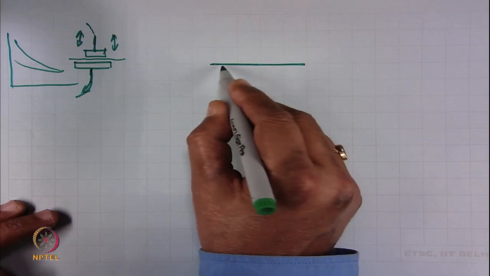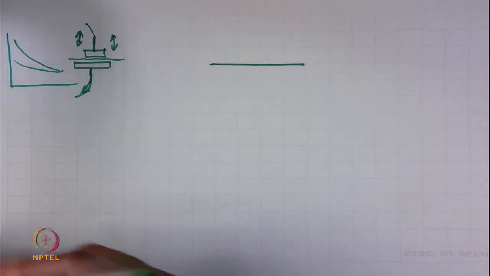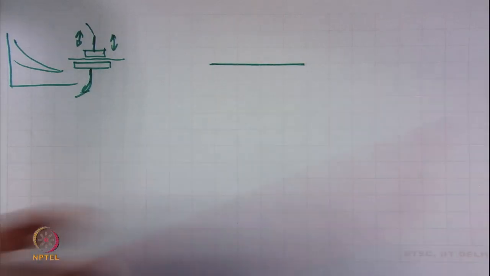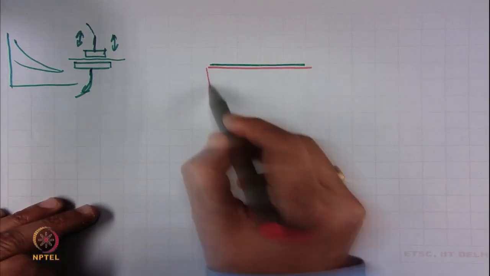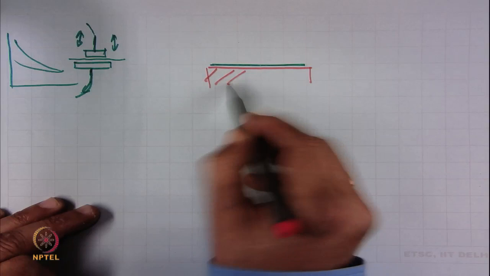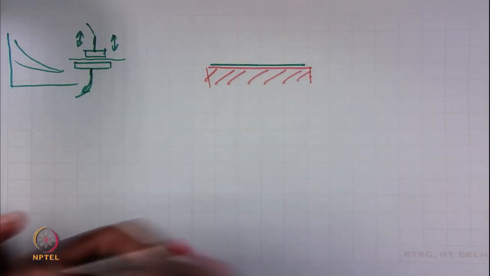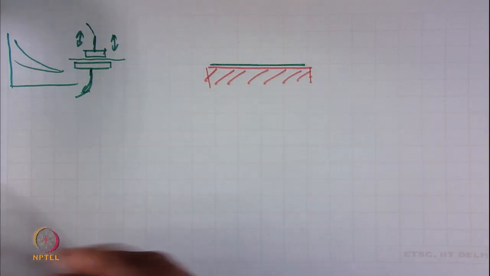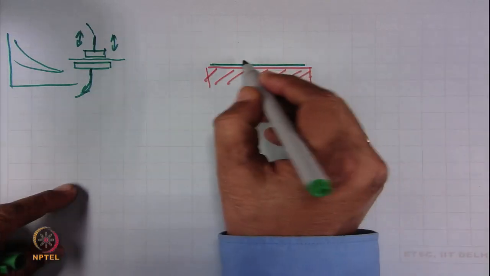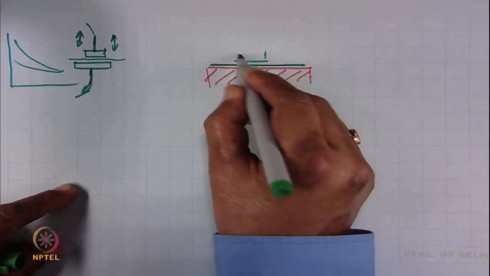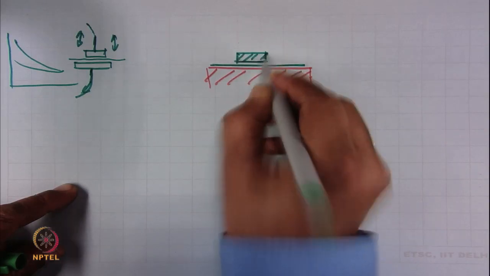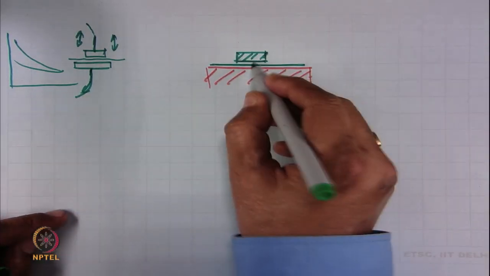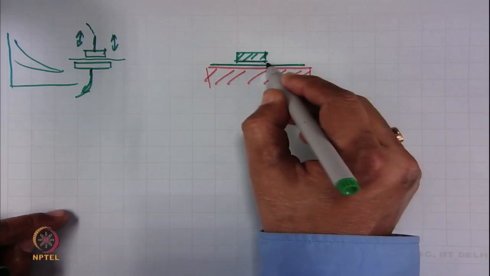This is a table, and the fabric specimen is placed here. It is loaded with a certain dead weight and we measure the thickness.